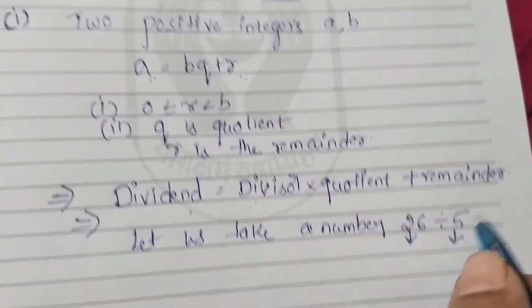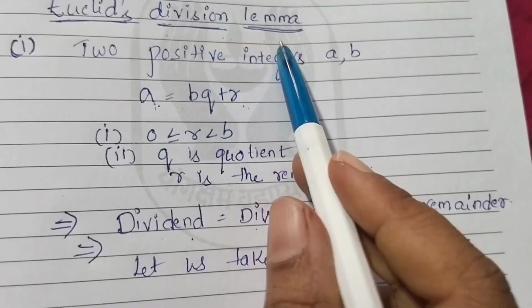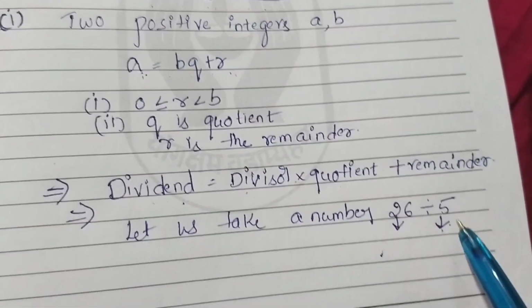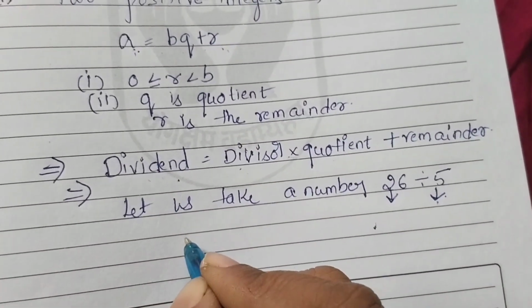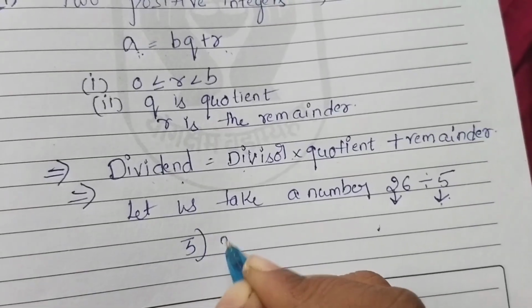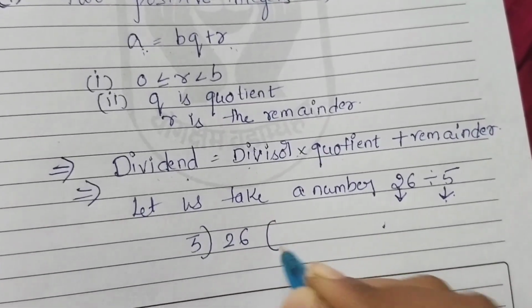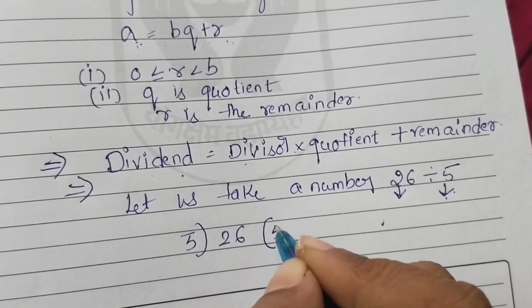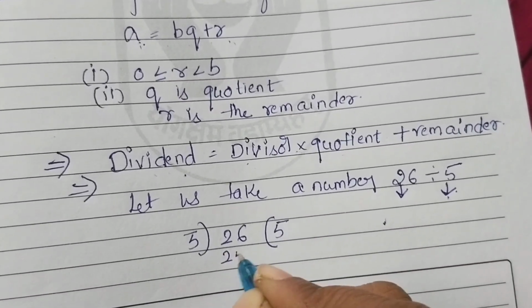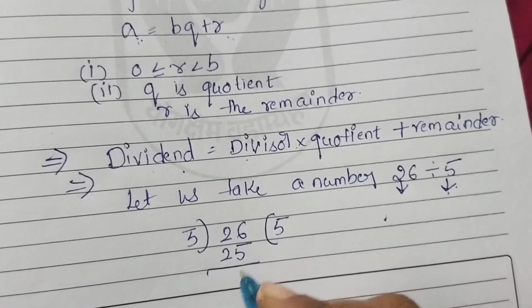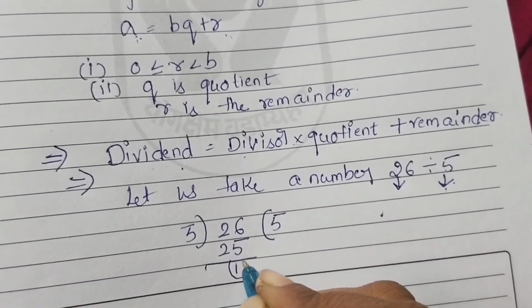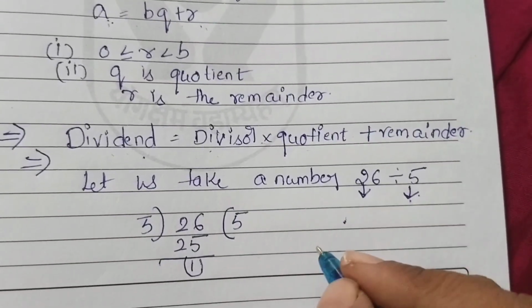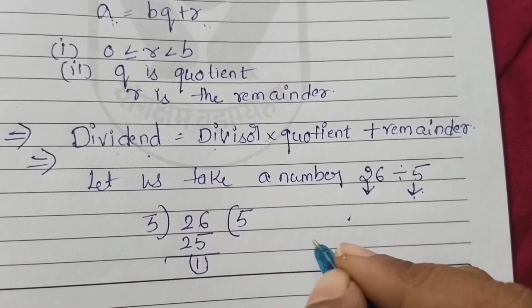Now we'll verify Euclid's division lemma using this example so that you can understand very easily. 5 into 26, right? 5 fives are 25. What will be the remainder here? 1. Now we'll write quotient, remainder and divisor.